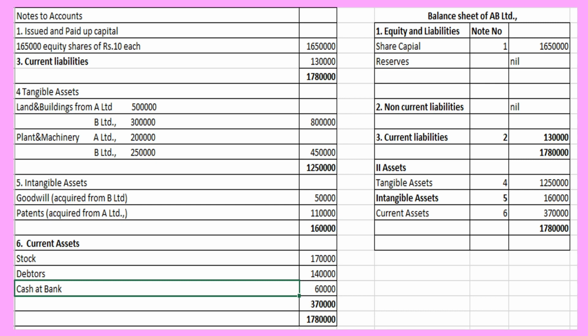And current liability is only creditors, note number 2, 1,30,000. From the liability point of view, 16,50,000 plus current liability 1,30,000, so the total comes to 17,80,000. And from the asset point of view, tangible assets 12,50,000, intangible assets 1,60,000, current assets 3,70,000. Total comes to 17,80,000.